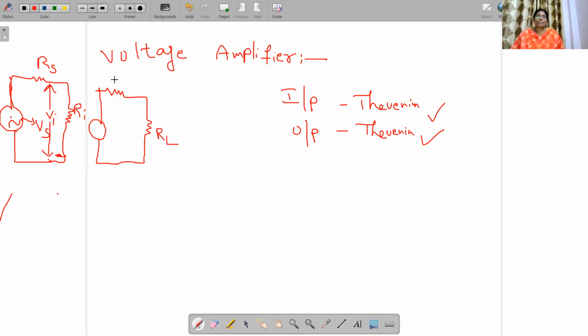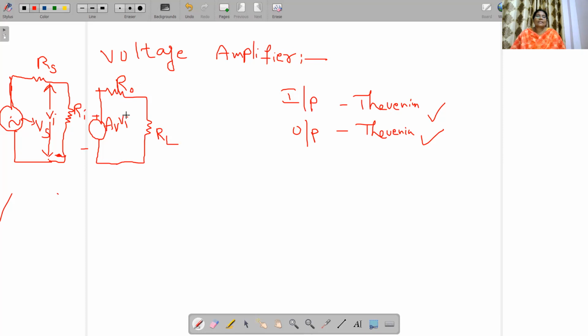This resistance represents R naught, this is the load resistance RL, and this voltage source is AV into Vi. So this is about the voltage amplifier.